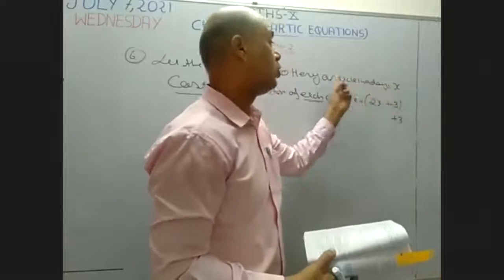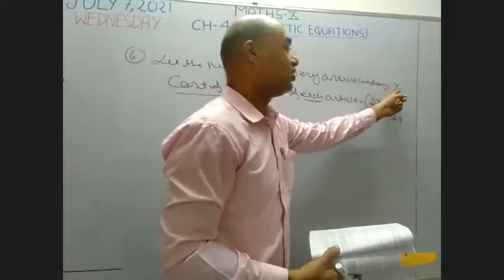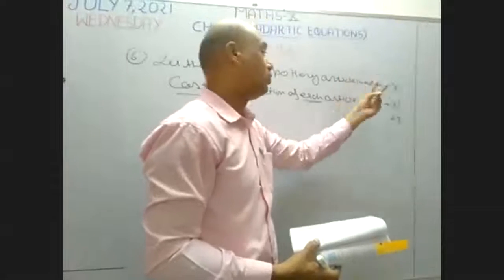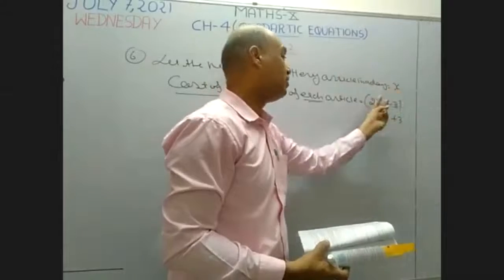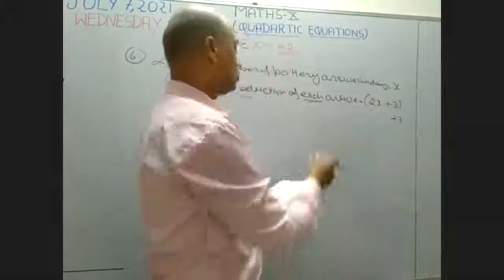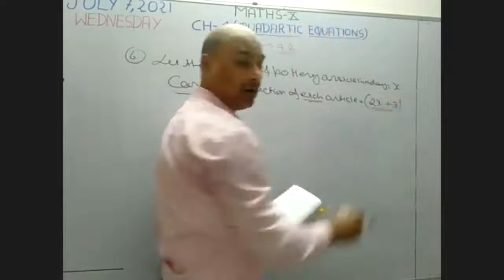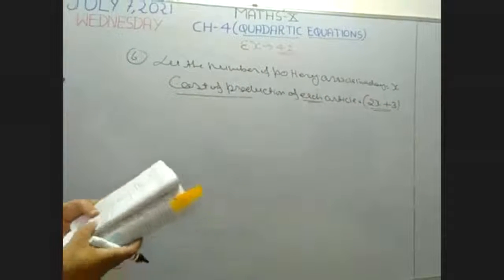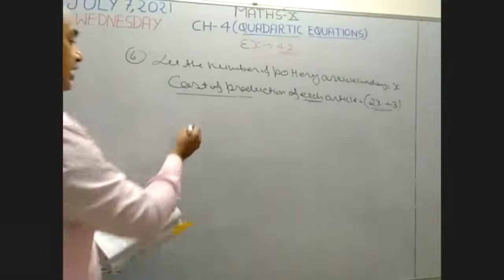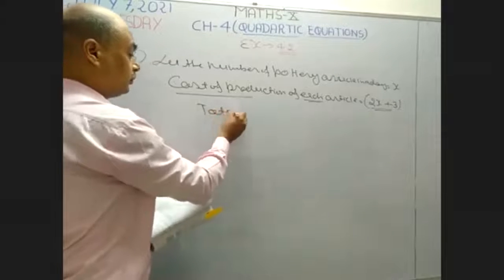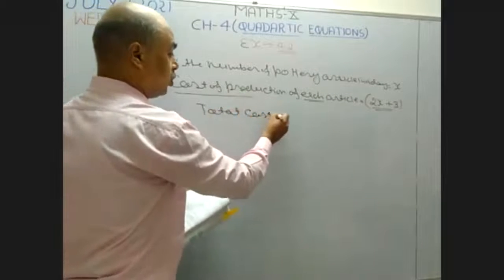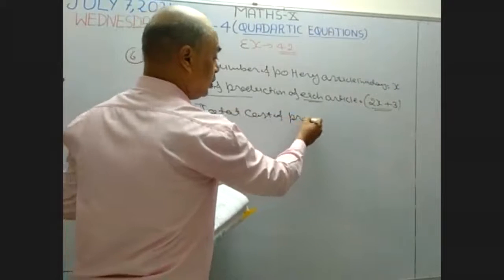It means I want to multiply 2 by this number, because twice means 2. Twice of this number is 2x. So the cost of each article becomes 2x plus 3. Okay, I hope it is clear now. Now what is given? The total cost is given. So right here, total cost of production.